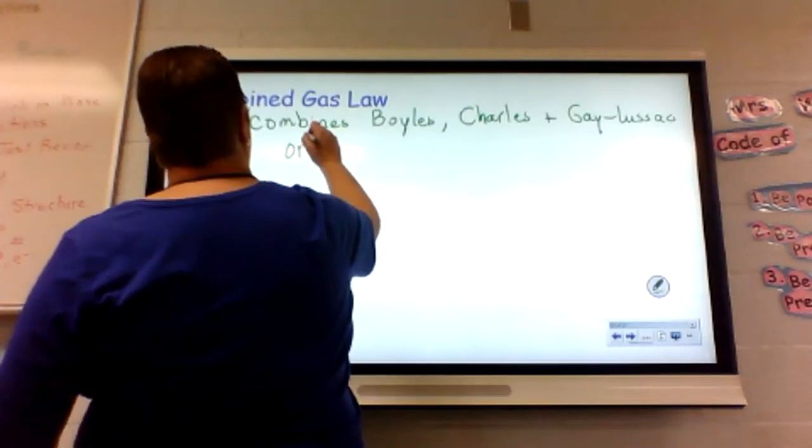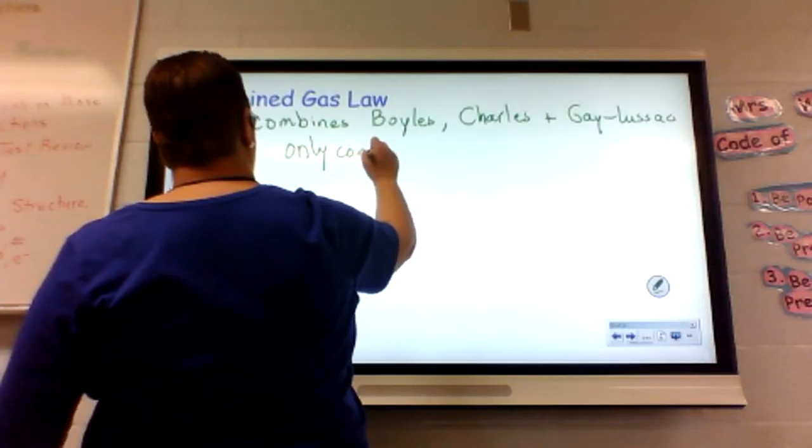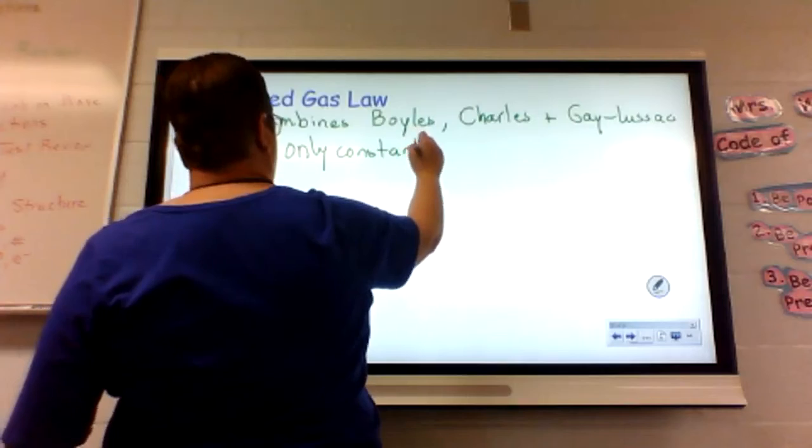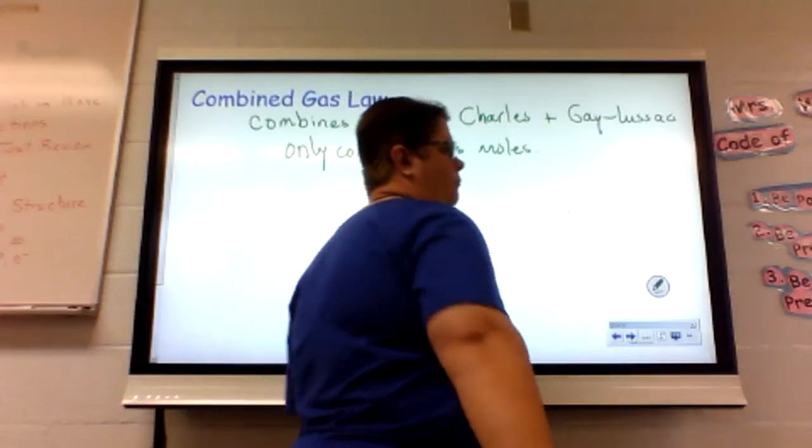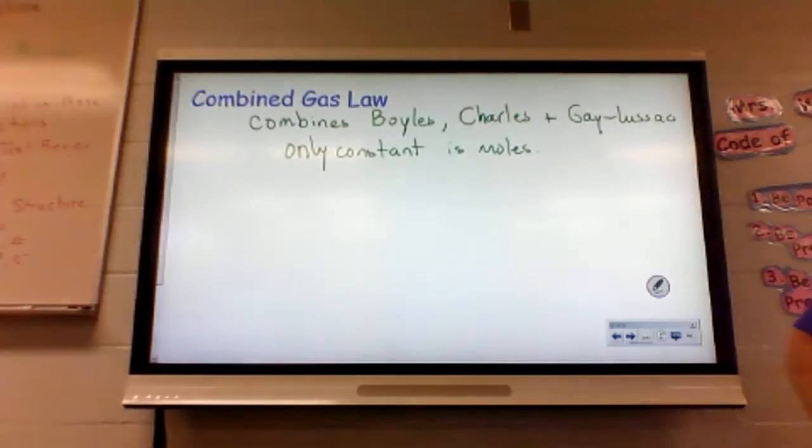So the only constant is moles. So if it combines those three laws, the only constant is moles.